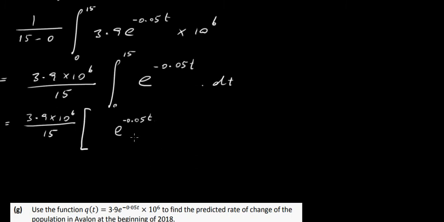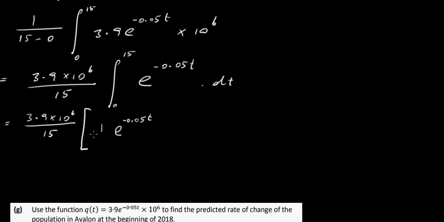So if you integrate e to the power of minus 0.05t, you'll get e to the power of minus 0.05t. However, if you think about it, if you differentiate this, you'll get e to the power of minus 0.05t, which we have up here. But you also will have to differentiate this bit here, so we'll be left with minus 0.05 multiplied here. So we've got to get rid of that minus 0.05.